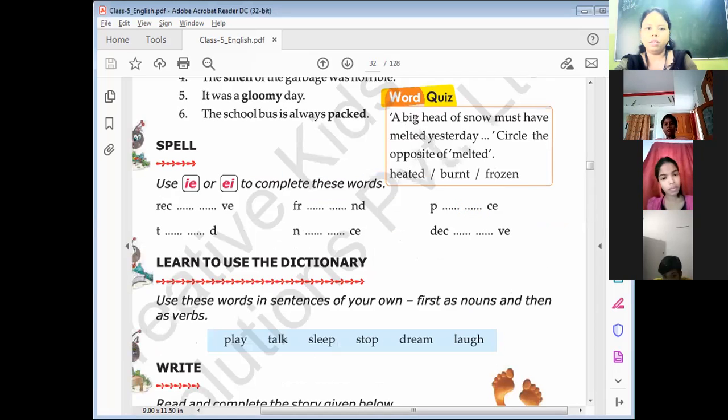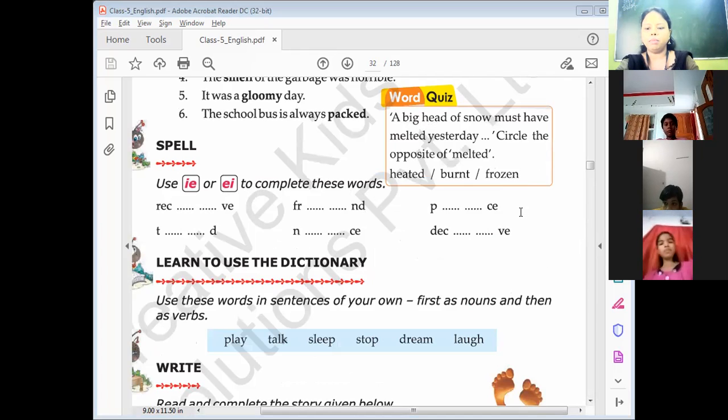You have to complete this word quiz by yourself. Understand? Use IE or EI to complete these words. I hope you all can do this exercise easily. This is very simple. And use these words in sentences of your own.